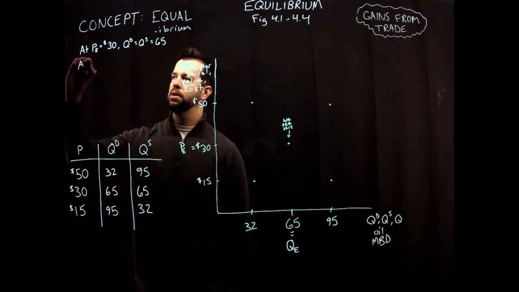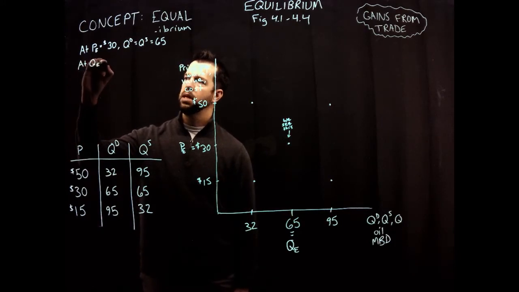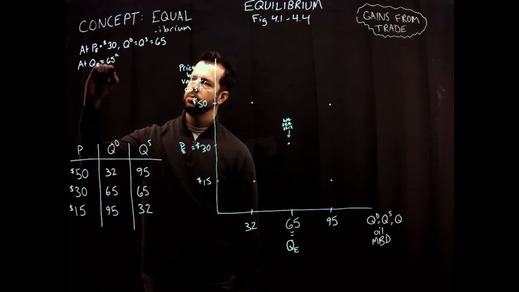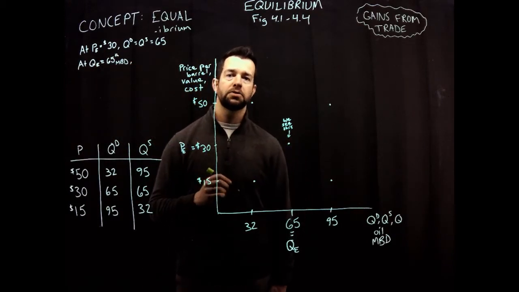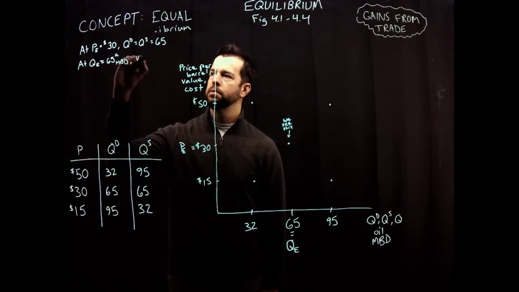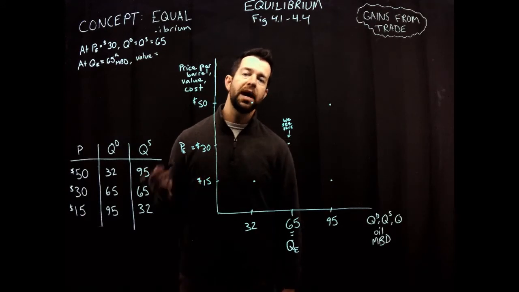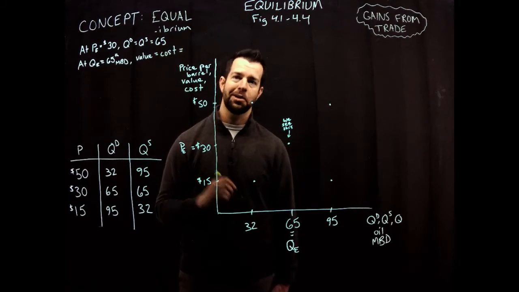And if we look at it on the quantity side, we could say at QE, equal to the 65 millionth barrel of oil that day, the value of the last buyer consuming that oil is equal to the cost of the last producer extracting that oil, and guess what? It's equal to $30.